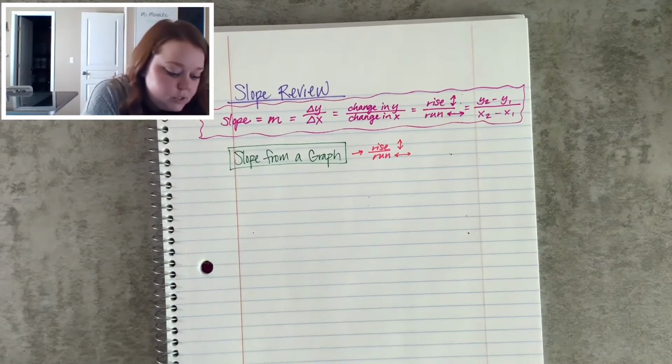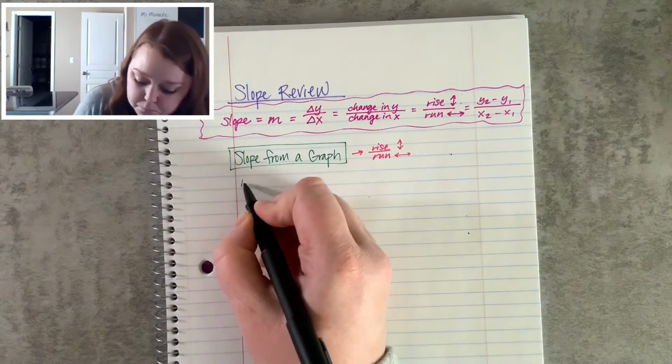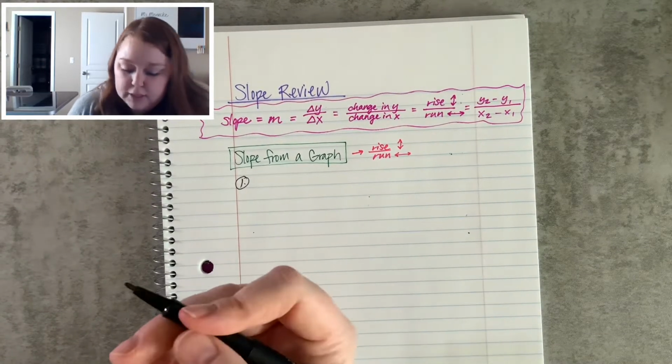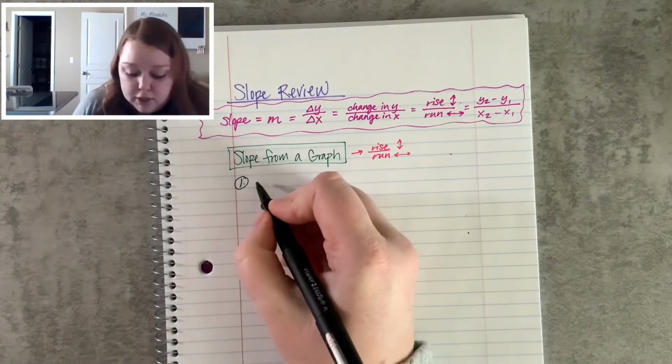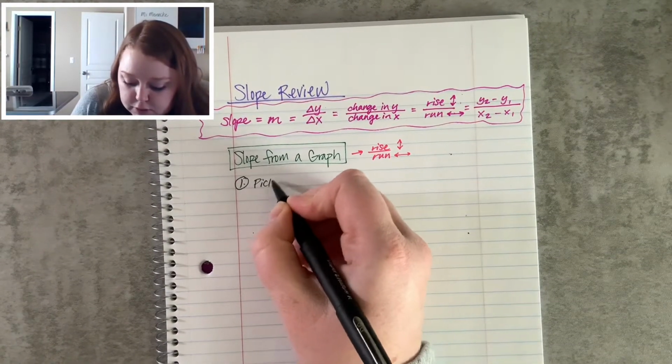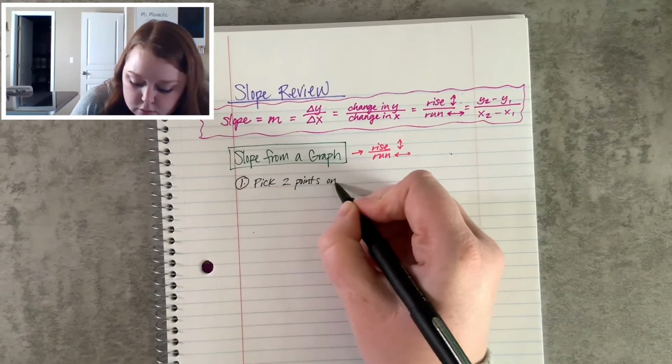Okay. So let's go ahead and write some steps in just so we have them. So when given a graph and asked to find the slope of it, so there's already a line graphed on it, first thing you're going to do is pick 2 points on the line.